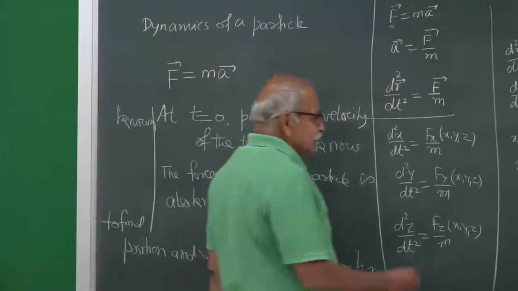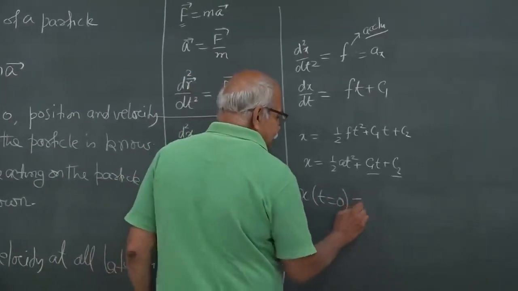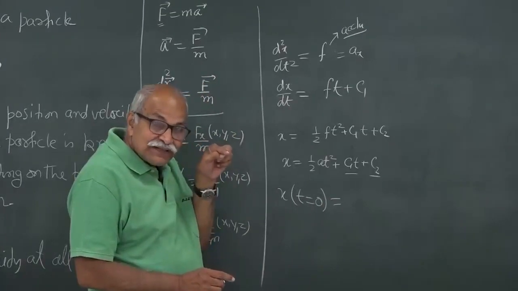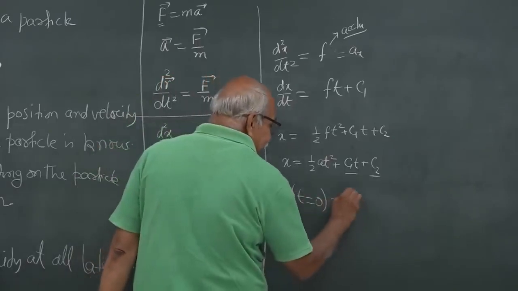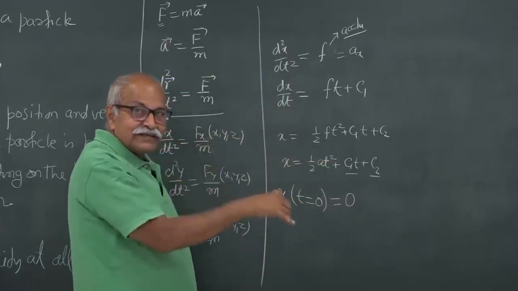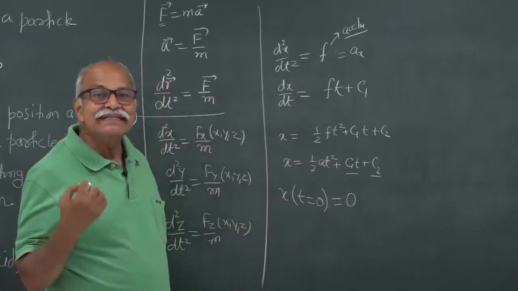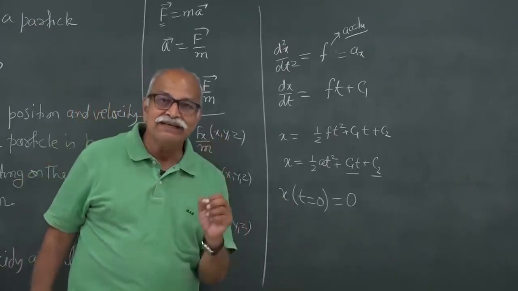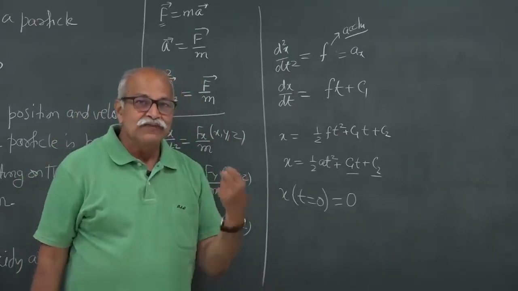So x at time t equal to 0 is known. I can call this position x equal to 0. Okay, that is a standard way. If you say that this position I have chosen to be the origin, so here x is equal to 0, y equal to 0 and z is equal to 0. Just as you can choose a particular instant as t equal to 0, you can choose a particular space point as the origin, x equal to 0, y equal to 0, z is equal to 0.